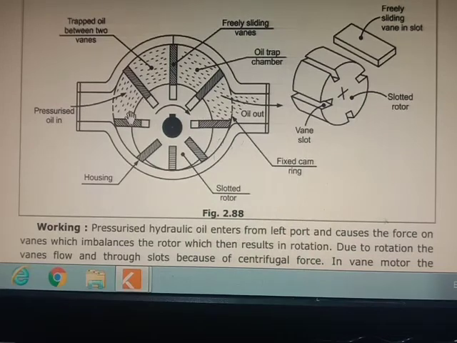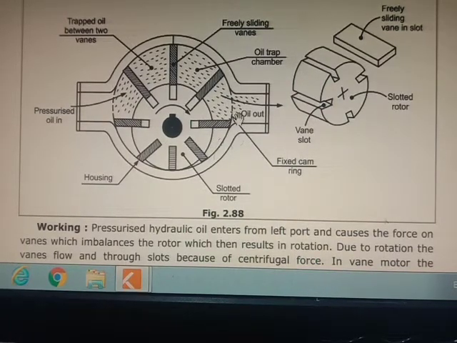That high pressurized oil will get trapped between the two vanes, the casing and the cam ring. As the pressure increases, it will push this vane in the forward direction, and the rotary motion will take place. This slotted rotor will rotate, and the output is taken to this shaft.